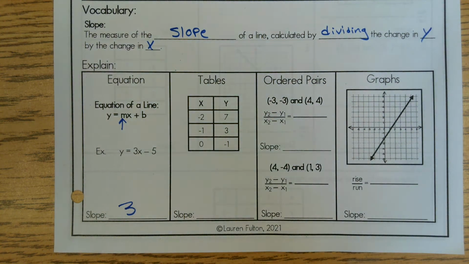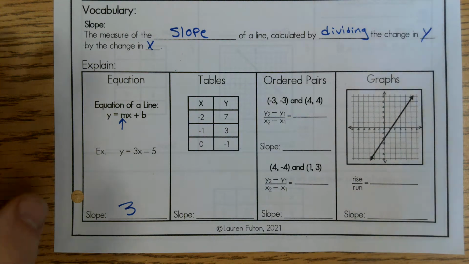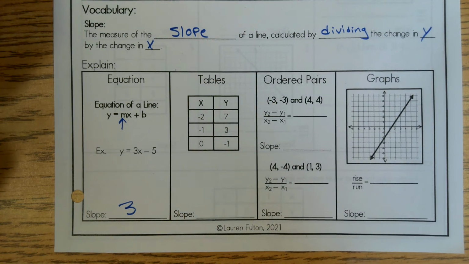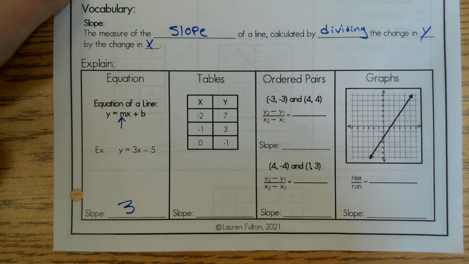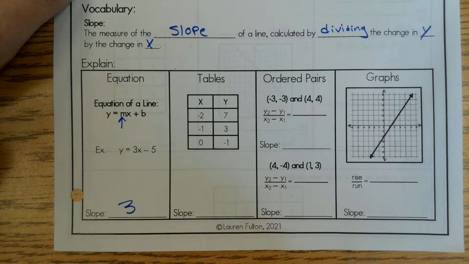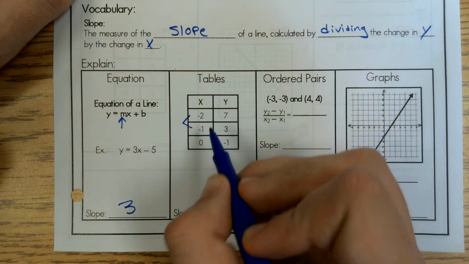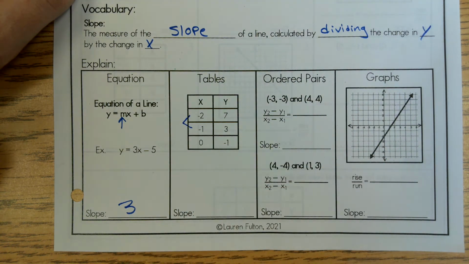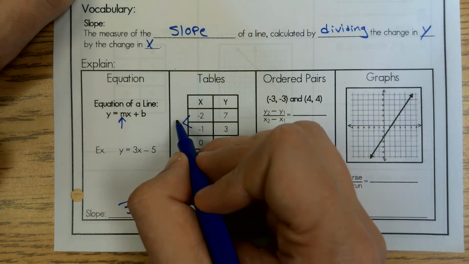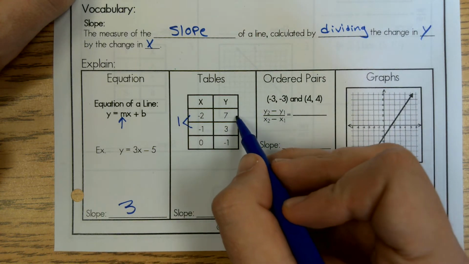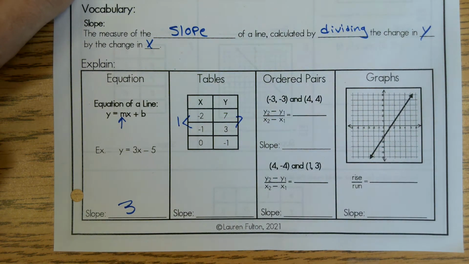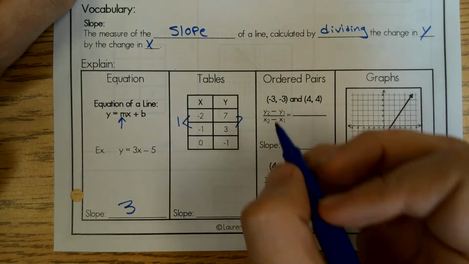With the tables, it's not as straightforward. You actually have to find the slope yourself. So what you're going to want to do is find the change in the y, divide that by the change in the x. So what is your change in the x? We went from -2 to -1. Yep. And what was our change in the y? Okay, we went down. So what is our change in the y? -4.